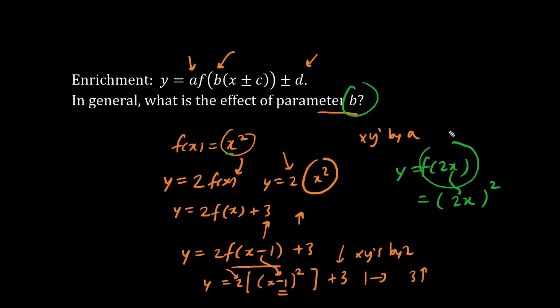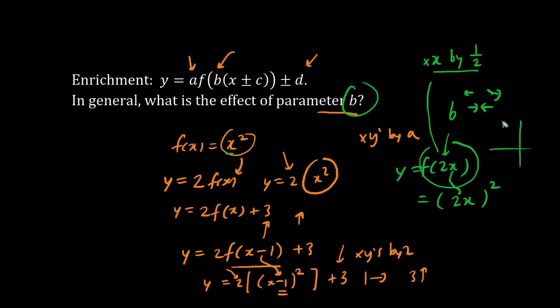This means that the b value affects the horizontal compression, either getting skinnier or wider. Specifically, we multiply all the x values by the reciprocal of b, so 1 over 2. When we multiply all the x values by 1/2 or 0.5, everything gets skinnier.